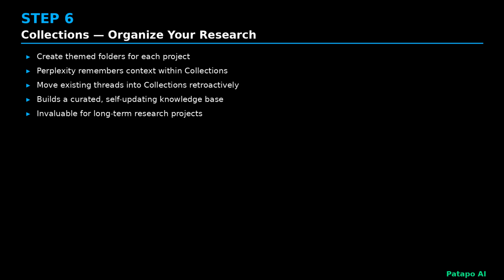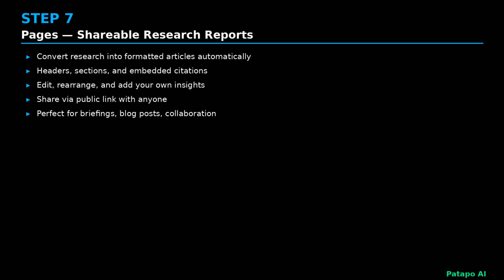coherent, professional document. Let me share some advanced techniques that will take your Perplexity research to the next level. First, use the Attach feature to upload files, PDFs, images, or text documents, and ask Perplexity to analyze them alongside web sources.